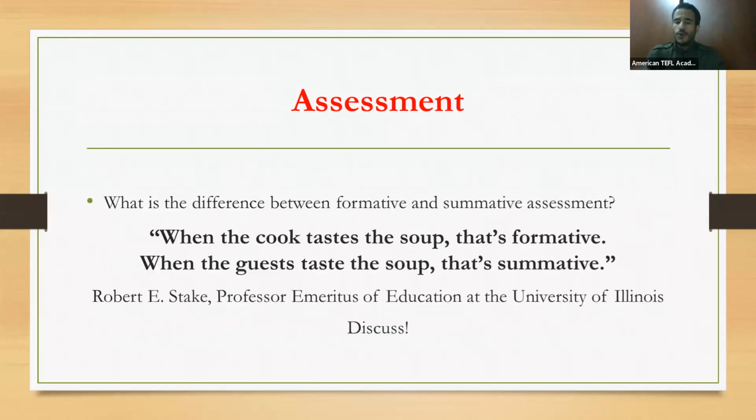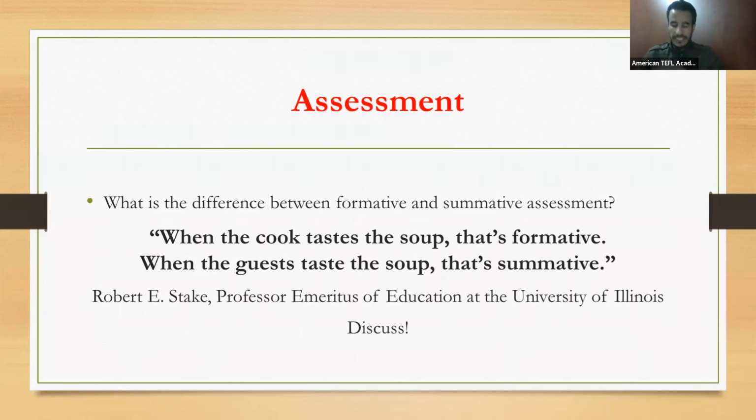Now, we are going to see the two types of assessment and how they are different from each other. So what is the difference between formative and summative?